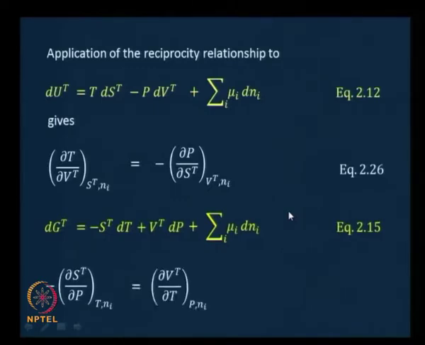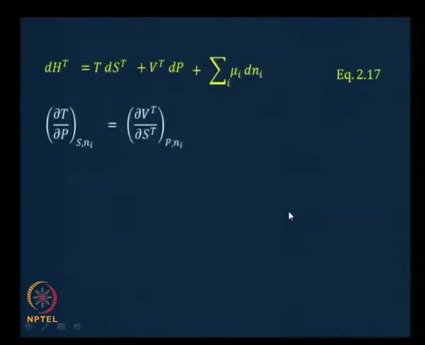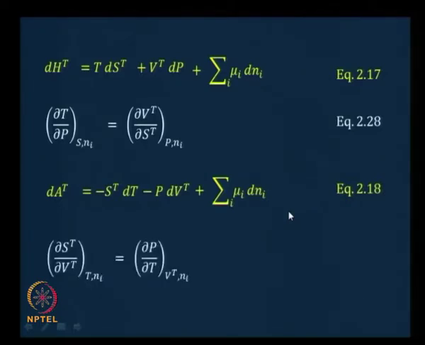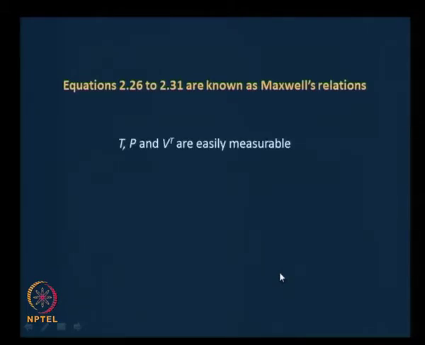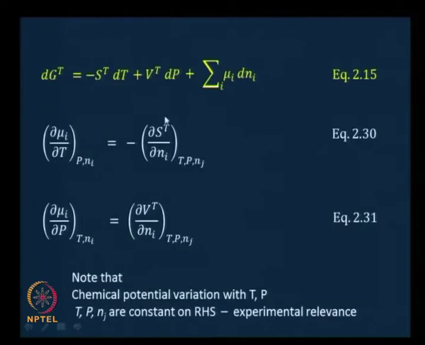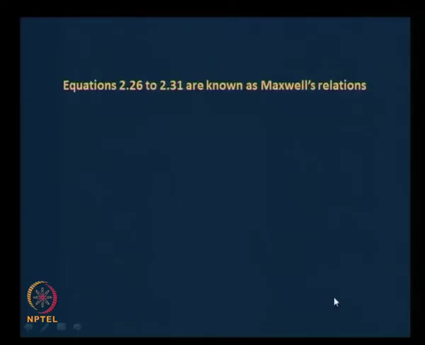I am not going to read those out. They are useful expressions which can be used to represent not so easy to measure thermodynamic variables in terms of easy to measure thermodynamic variables such as P, T and V. And these equations 2.26 to 2.31, which we obtained through application of the reciprocity relationship to equations applicable to a closed system, are called Maxwell's relations.